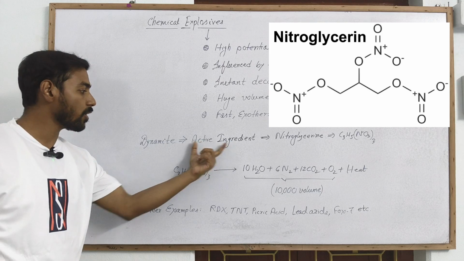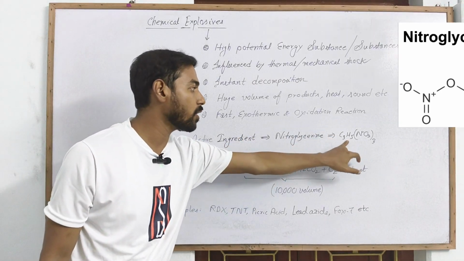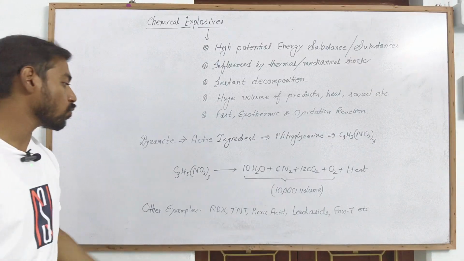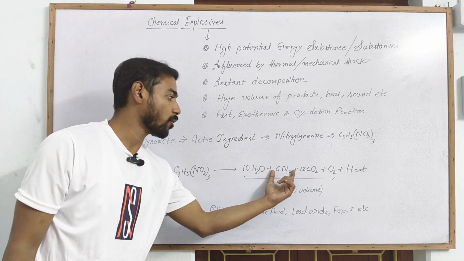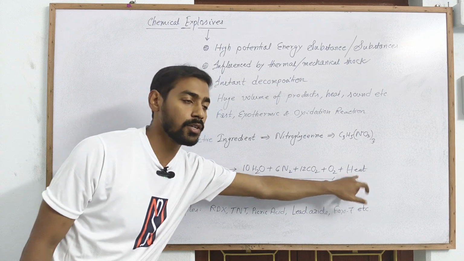The active ingredient in dynamite is nitroglycerin. The chemical formula is C3H5N3O9, which undergoes explosion to give water, nitrogen, carbon dioxide and oxygen along with heat.